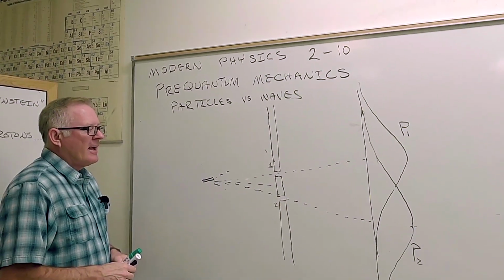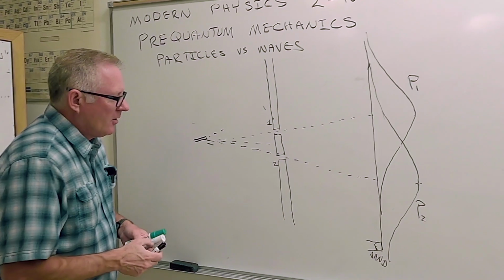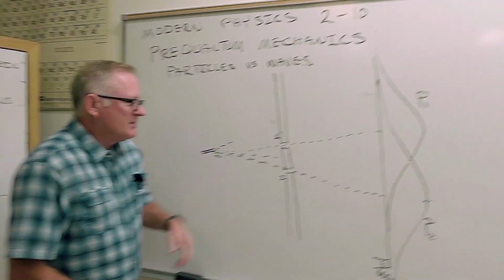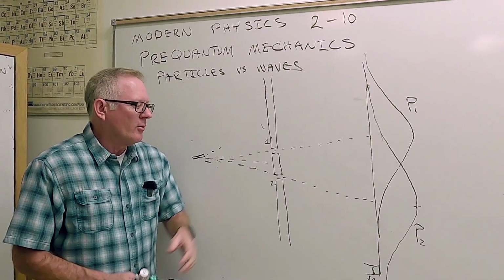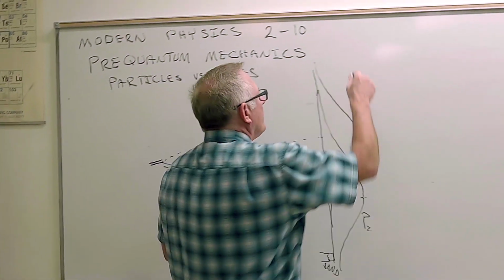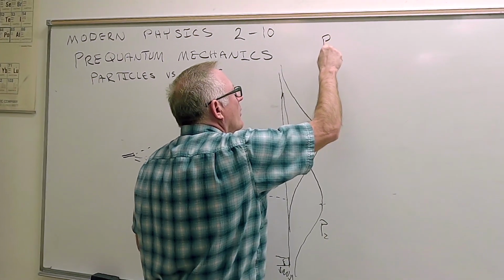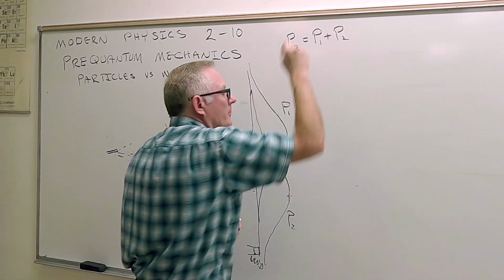Okay, and so now I open up both the holes right here. Now what do I get? Well, since the bullet can only go through one hole at a time, it can't go through both holes, I'm just going to get the sum of these two. So if you open up both of them, P12 would just be P1 plus P2.